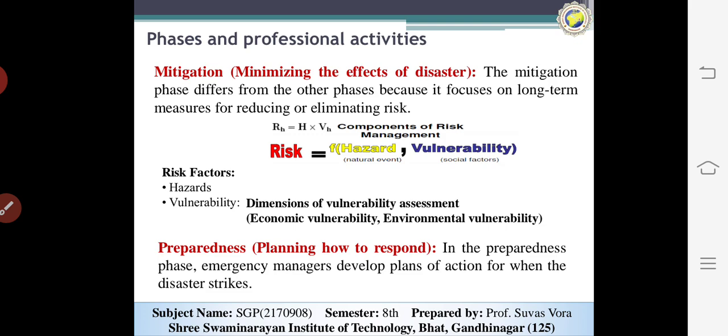Lockdown is the mitigation phase, the first phase of corona, to reduce or minimize the effect of the disaster. Then the preparedness phase: considering the corona disaster, we can develop a plan for action when the disaster strikes.